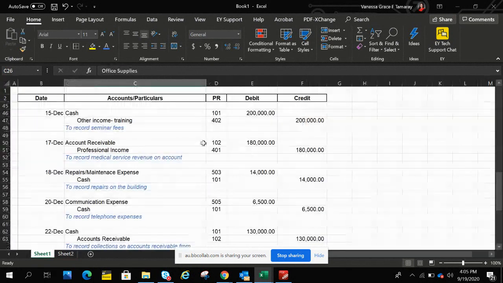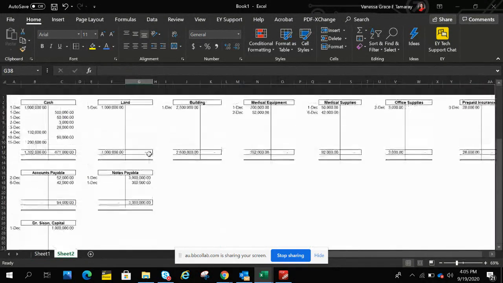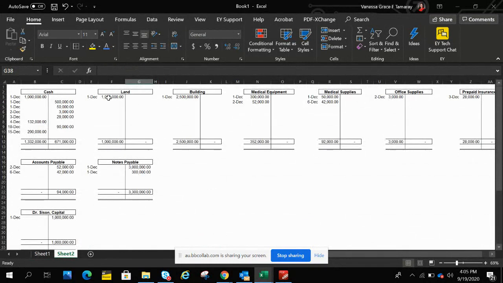Next, accounts receivable, 180,000. Debit accounts receivable, 180,000. Credit professional income. Wala pala dito. Hindi natin siya dito.